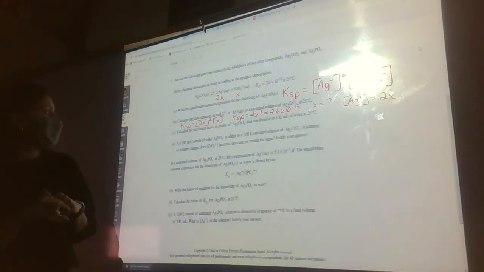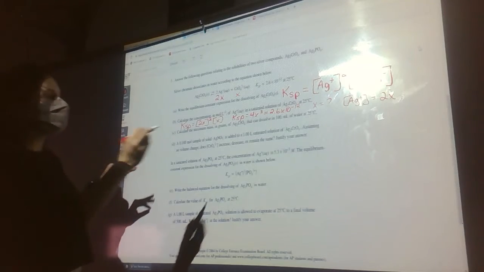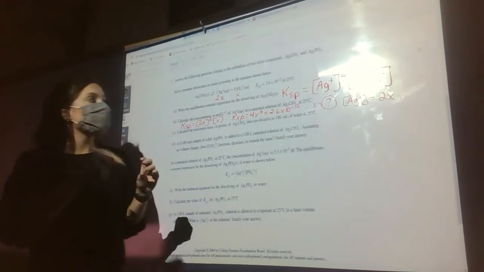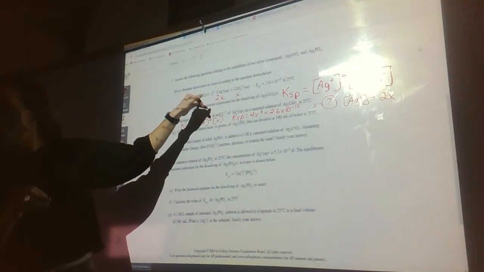All right. C, calculate the maximum mass in grams of silver chromate that can dissolve in 100 milliliters of water. So x is the moles per liter. That's the molarity of chromate and the moles per liter of this that dissolve.